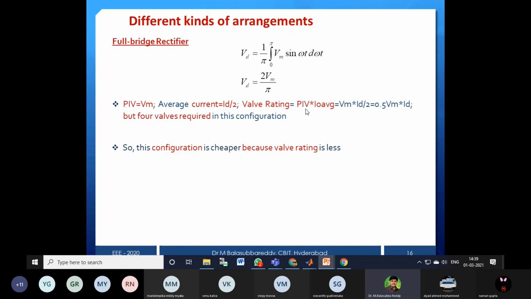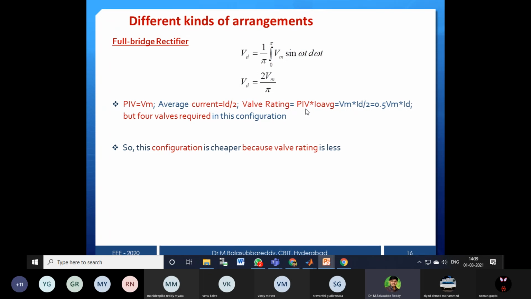The device has to withstand that much voltage without conducting when it is in the off state. If the voltage across the device is more than the breakdown voltage, the device will conduct in the reverse direction also, but it should not.